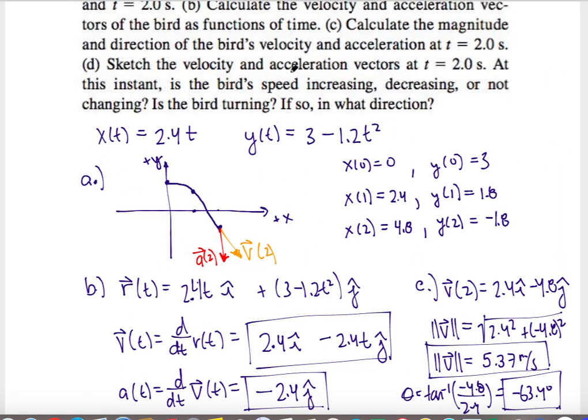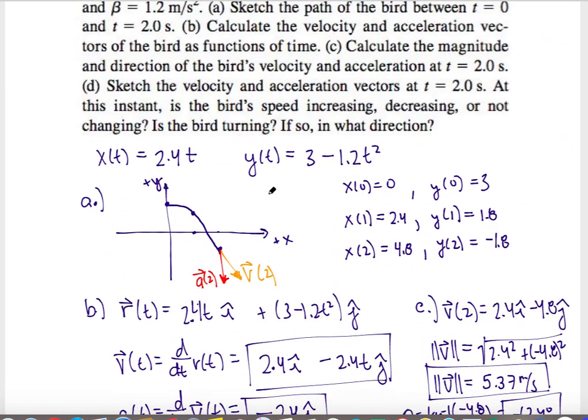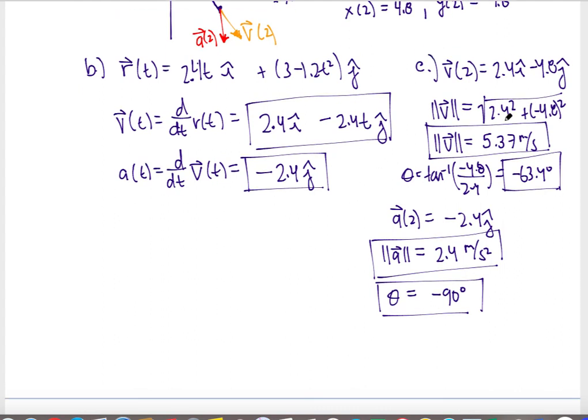Now, D asks us to sketch those vectors at 2 seconds. I already did this. I already got ahead and did D. They're sketched right here on my drawing. And at this instant, I want to know if the bird's speed is increasing, decreasing, or not changing. So how do I know if the speed is increasing, decreasing, or not changing?